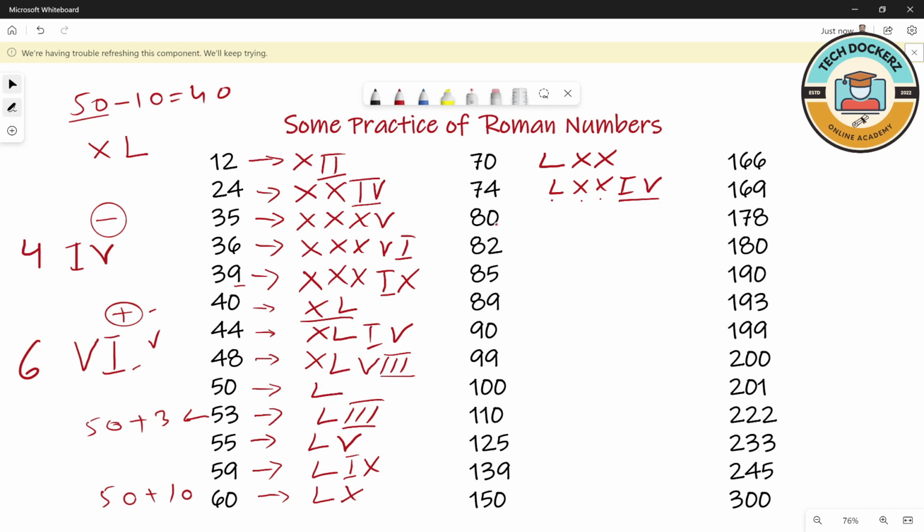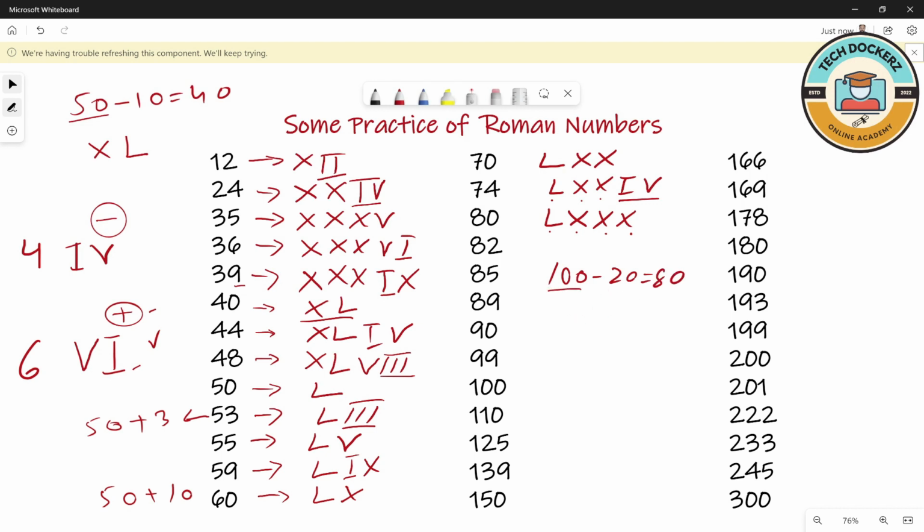80. How can we write 80 now? We can represent 80 in two ways. L X X X: 50 plus 10 plus 10 plus 10. But we can represent 80 using a subtraction method as well. 100 minus 20, which is equal to 80, right?